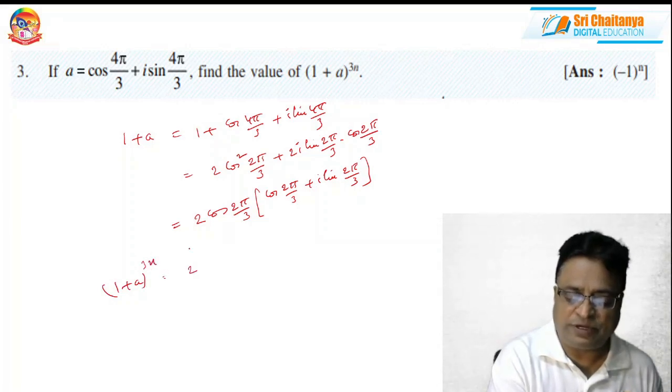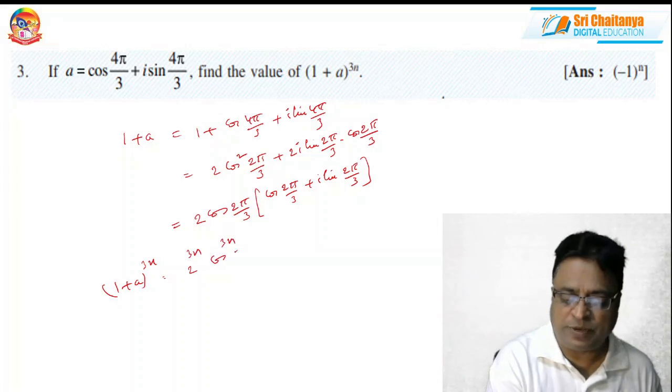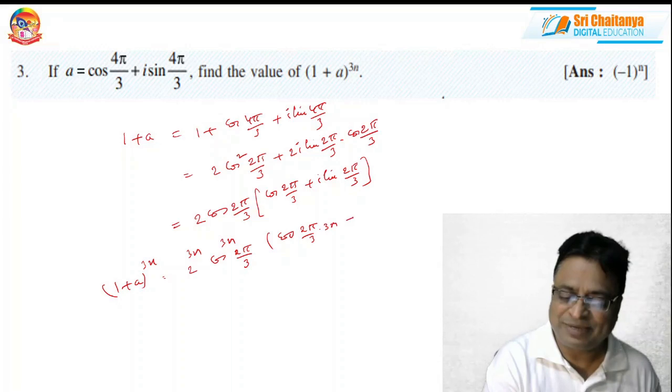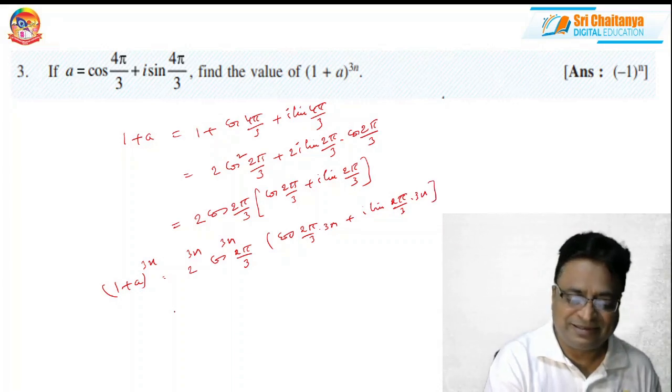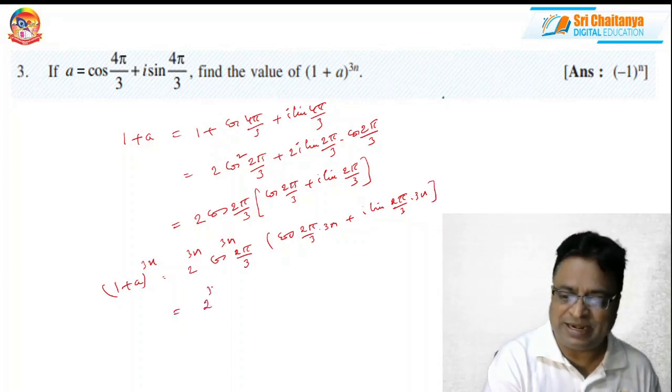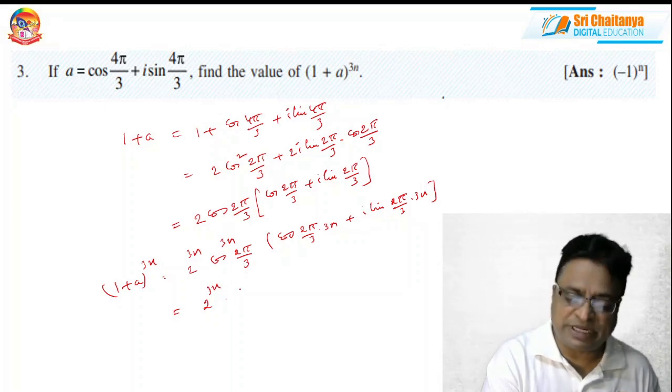So what is (1 plus a) whole power 3n? That is 2 power 3n cos power 3n 2 pi by 3 into cos 2 pi by 3 into 3n plus i sin 2 pi by 3 into 3n. This is 2 power 3n into, what is cos 2 pi by 3? It is minus 1 by 2.